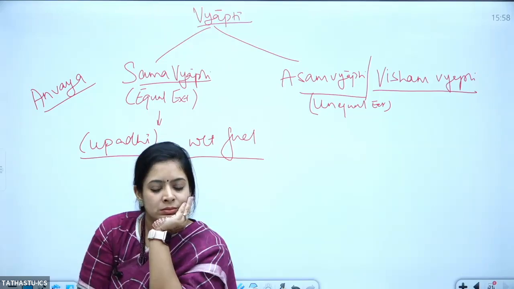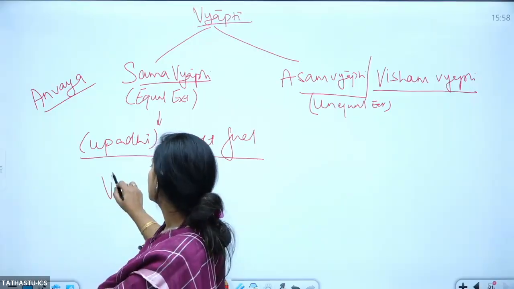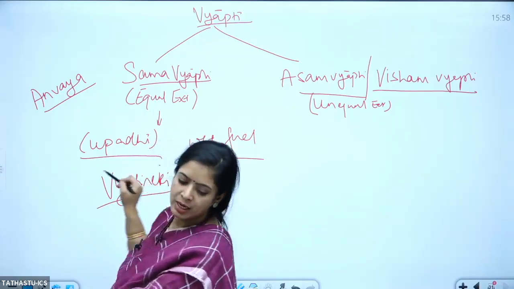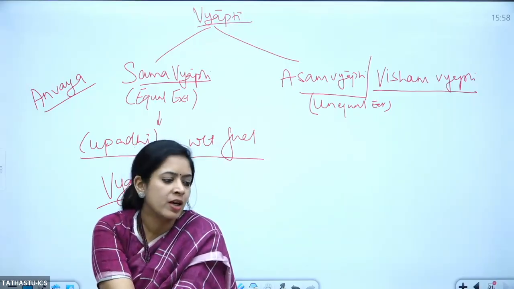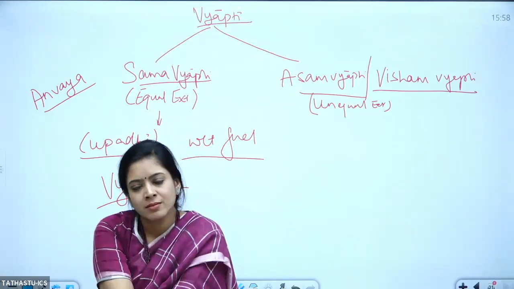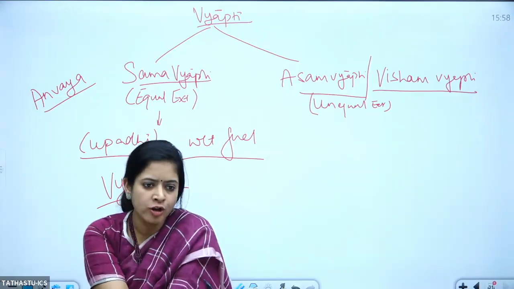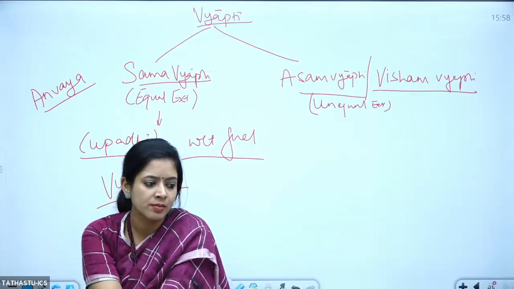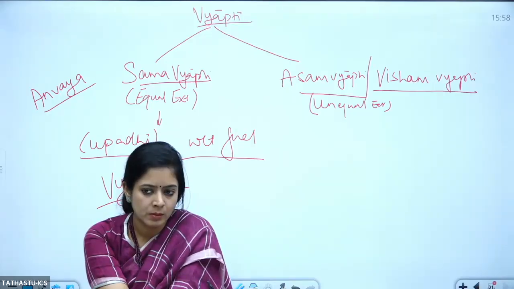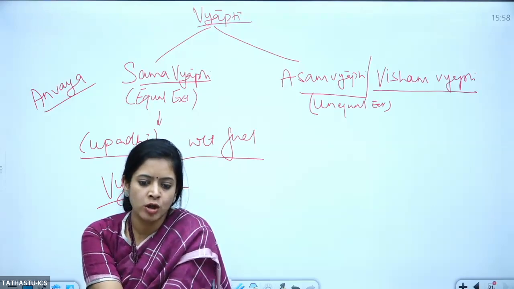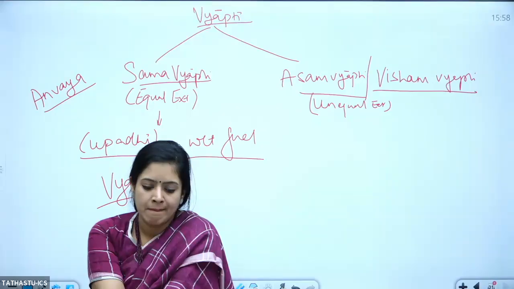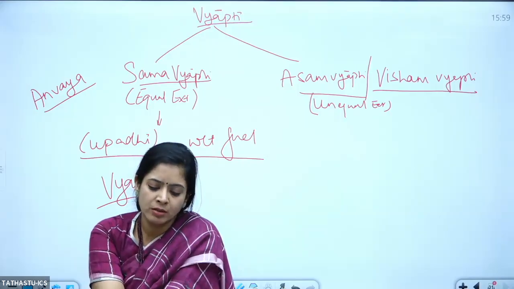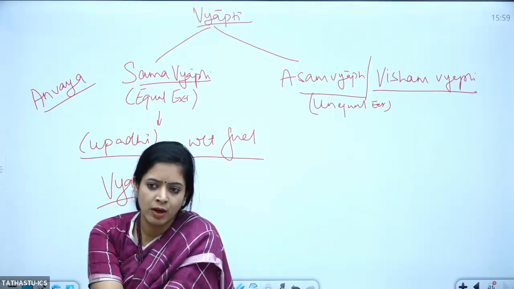Then the second step is vyatireki. You can write it as method of disagreement or agreement in absence. Vyatireki is agreement in absence and method of disagreement. Here, in the absence of one, the other will also be absent.